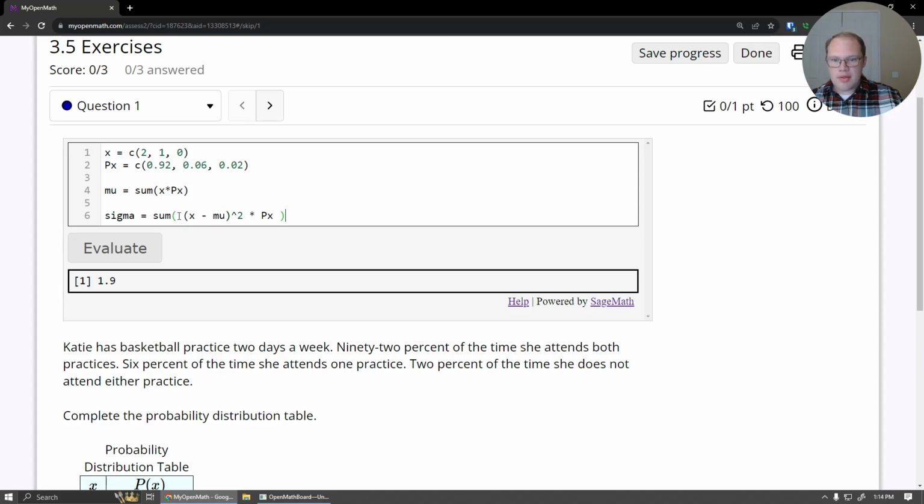Notice that all of this is in between those sum parentheses. Okay, I want to add all of that together. And then I want to take the square root of all of that. So again, I make sure all of that's in between my parentheses so the computer knows I want the square root of all of this. Okay? That's going to give me my standard deviation, which is 0.36055551.